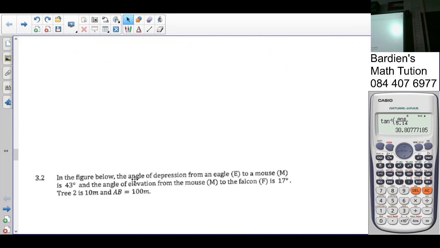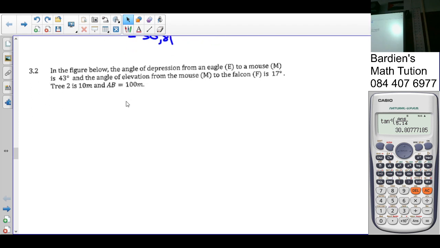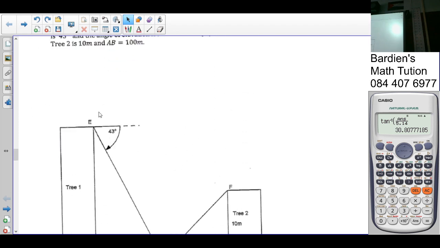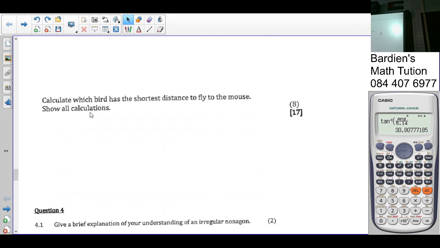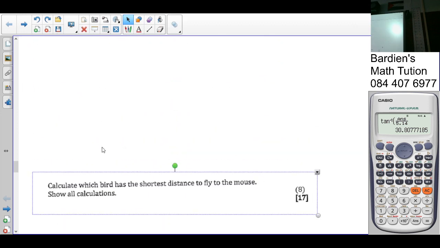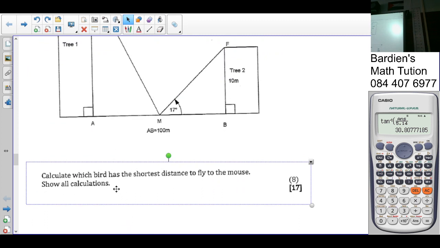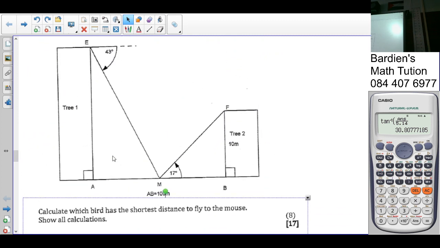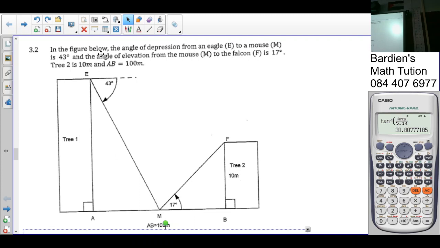In question 3.2, okay, so we're told in the figure below the angle of depression from angle E. As you can see here, from angle E, the angle of depression, the angle that goes down, from angle E to the mouse M, is 43 degrees.